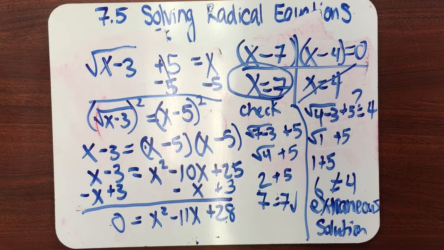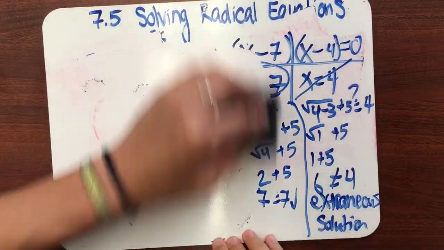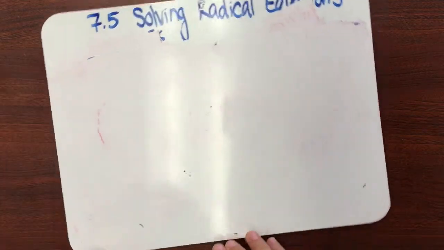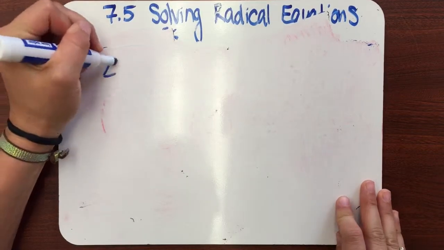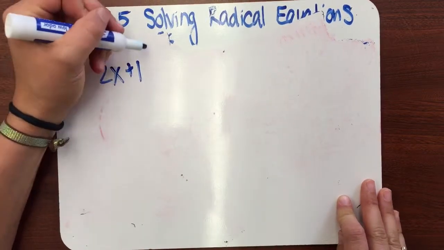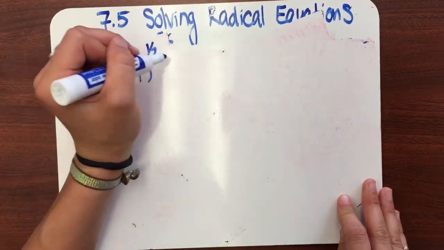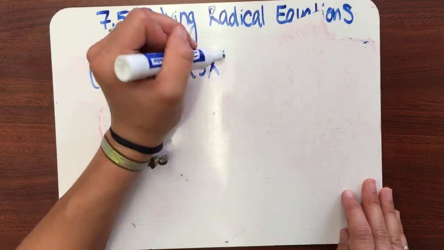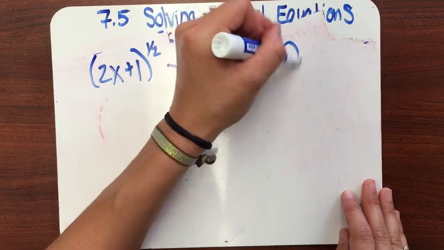Okay, moving on to when we have ones that have different rational exponents. So let's say we have 2x plus 1 to the 1/2, and then minus 3x plus 4 to the 1/4 is equal to 0.